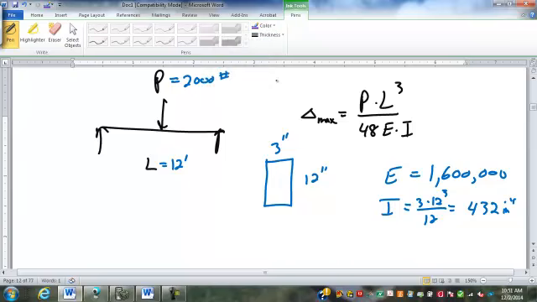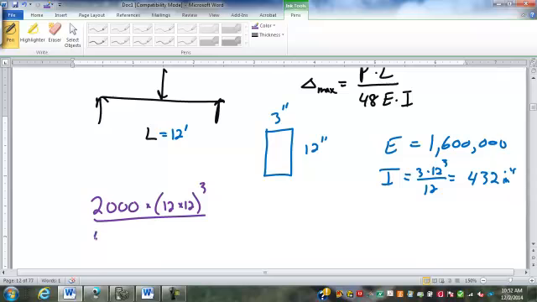So anyway, we'll set this up. We have P of 2,000 pounds times L, well, it's 12 feet times 12 to make it into inches, to the third power, over 48 times 1,600,000 times 432.